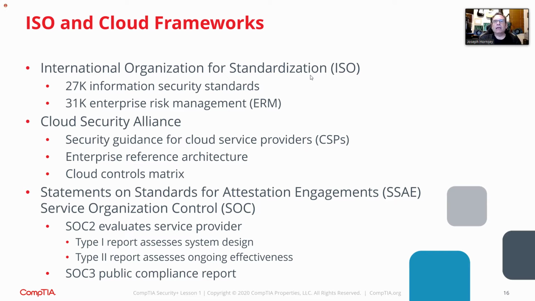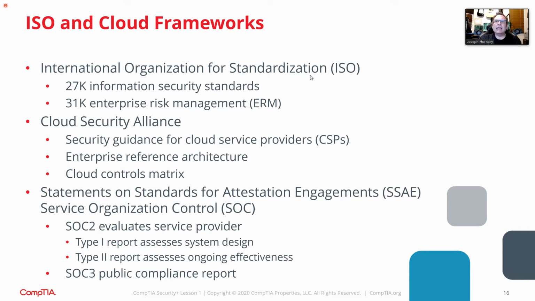You have the American Institute of CPAs, Certified Public Accountants, the AICPA. They have come out with these audit specifications called the Statements on Standards for Attestation Engagements, SSAE. I don't know if you need to know what SSAE stands for, but you do see the acronym as part of the service level agreements that you get from your providers.